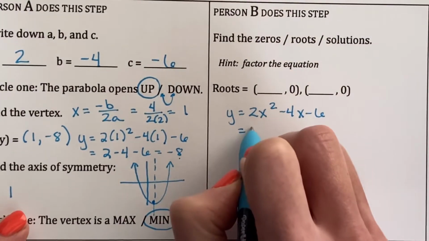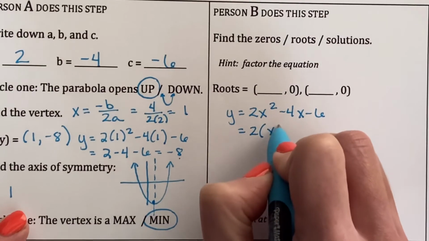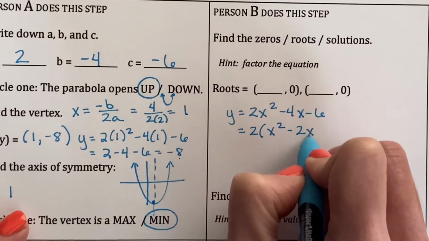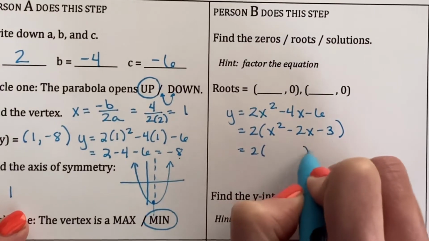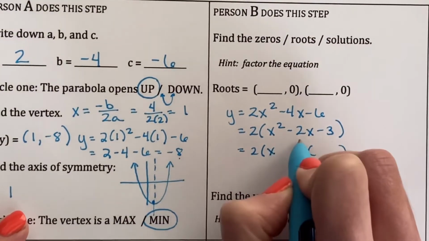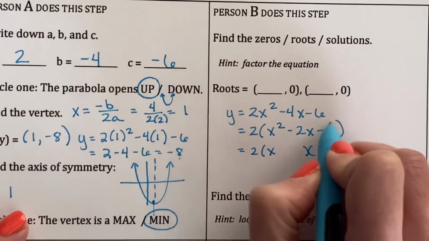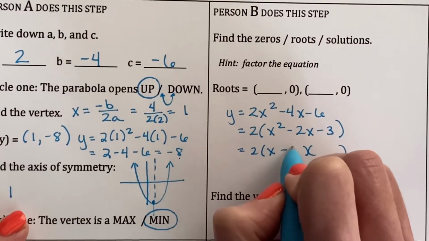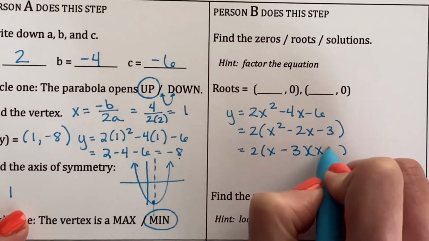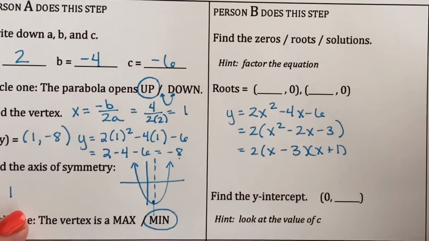First thing I'm going to do is factor out a 2, because that's going to make factoring easier. And I'm looking for factors of negative 3 that combine to get negative 2. That's going to be a negative 3 and a positive 1.